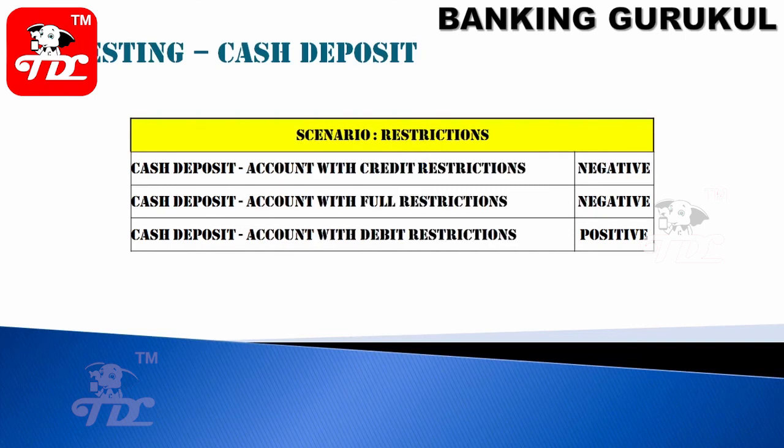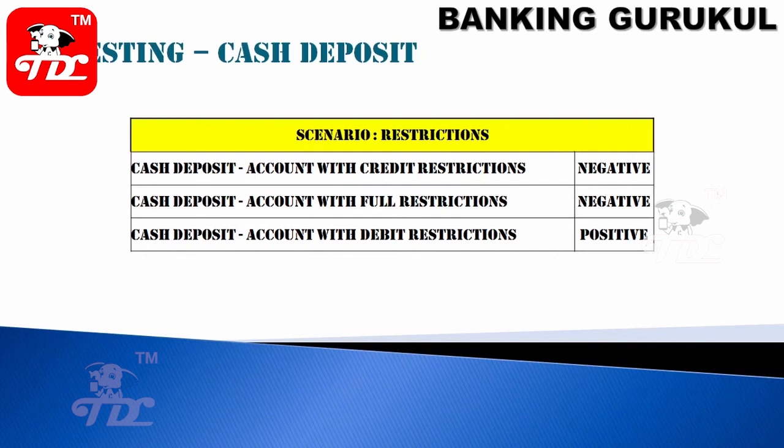And we have restrictions: credit restrictions, debit restrictions, and full restrictions. Cash deposit is always a credit. So if the account has a credit restriction, it is a negative scenario. If the account has a full restriction, you can't deposit money into the account, so it is also a negative scenario.